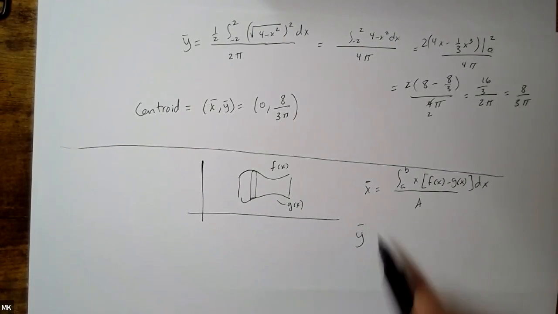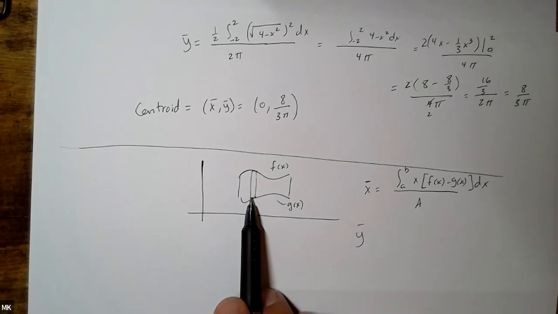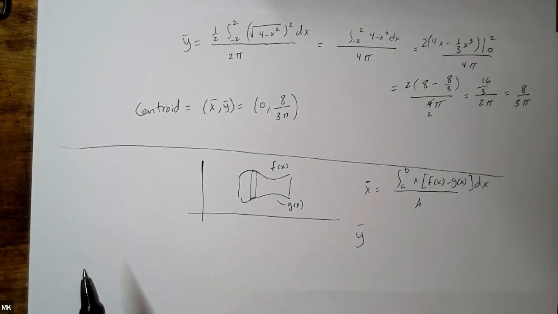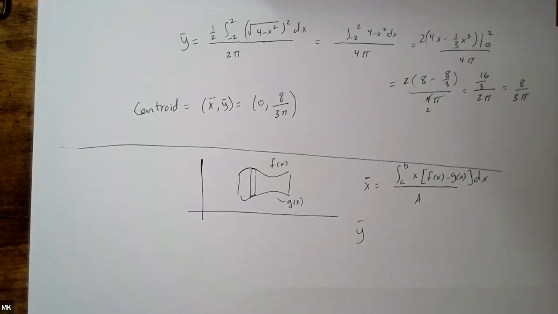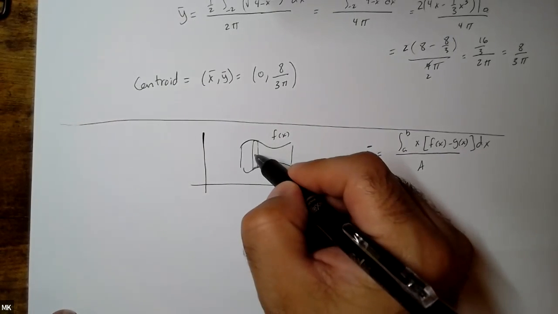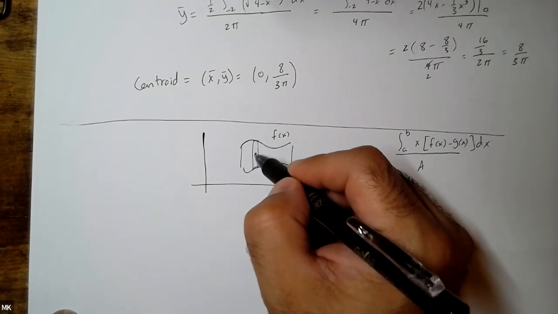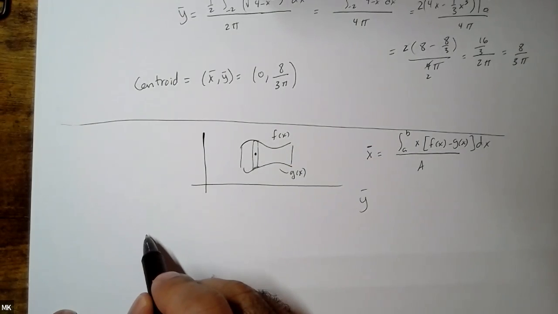For y bar, to calculate the center of mass, it's actually going to be slightly different because you have two things to worry about. So if I were to derive my y bar, of course, my average value or the midpoint would be f of x plus g of x divided by 2.